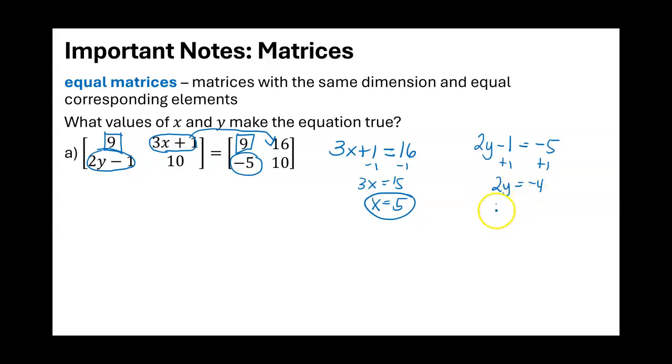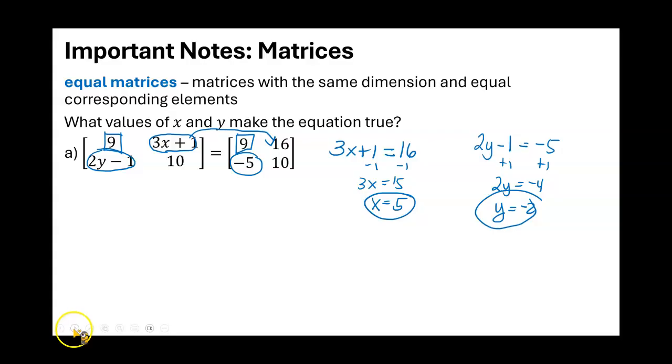Dividing by 2 on both sides, y is going to be equal to negative 2. I think this part of solving for the missing variable is easy enough as long as you are able to set up your equation. And again, those equations will come from the corresponding elements of the matrix.